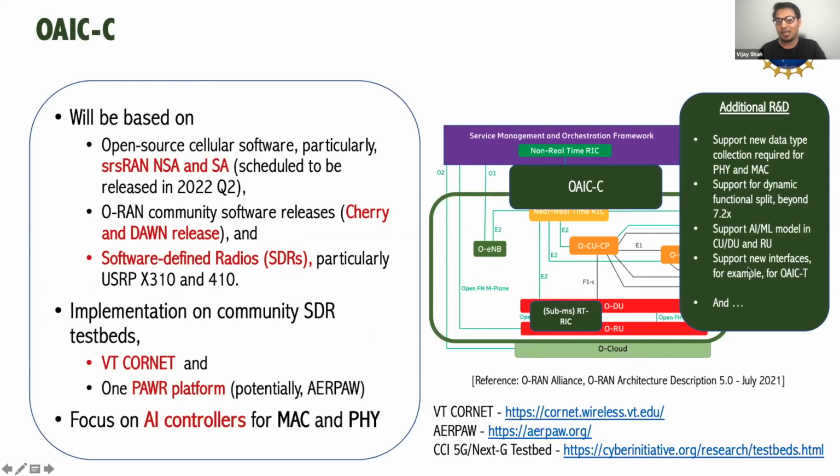And finally, we'll have to support some additional interfaces. For example, in our case, we want to have this AI testing framework. There don't exist such interfaces as of now, so we would like to develop that and make it available to the community. There may be more, which we still do not know, given that it's just started.